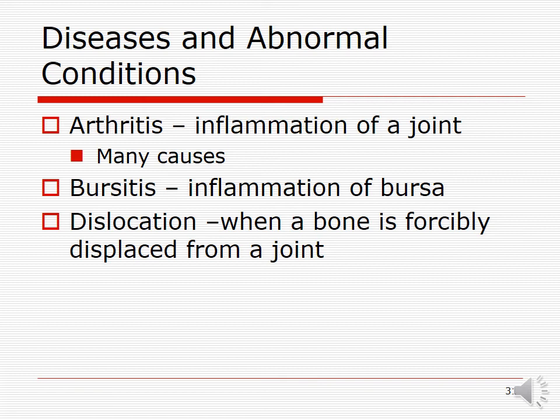Versus rheumatoid arthritis. Rheumatoid arthritis really is an autoimmune disease, and this is a chronic inflammatory process that really destroys bone tissue, and you will see these at the joints. You'll see some incredible deformities. I have seen people with hands and feet that are so deformed from that rheumatoid arthritis.